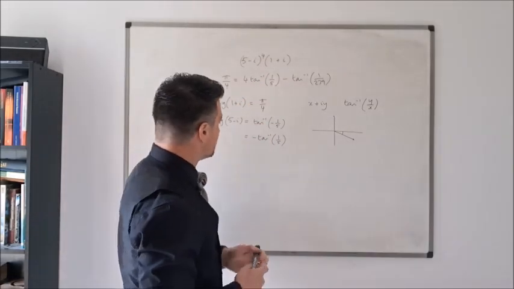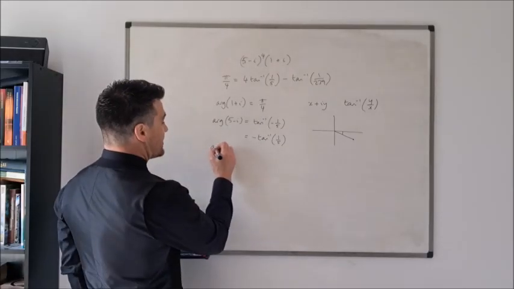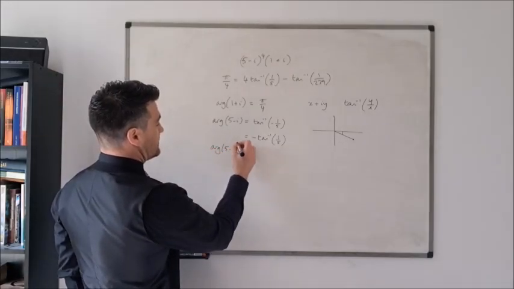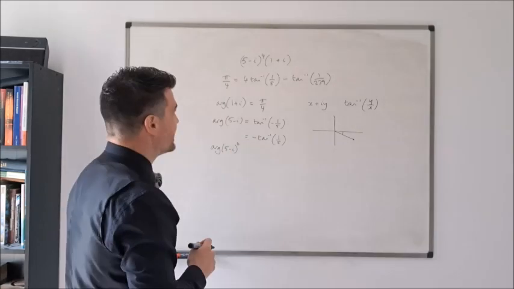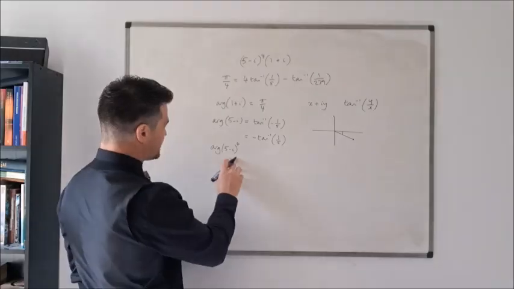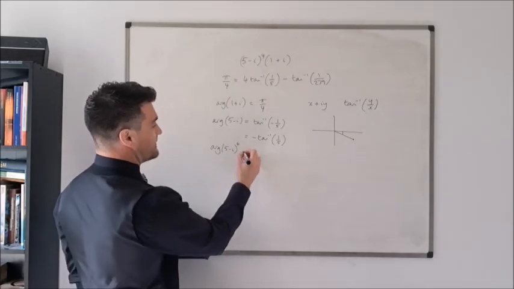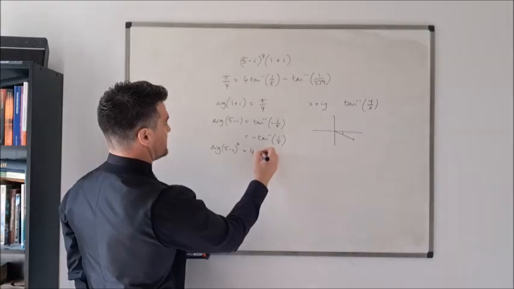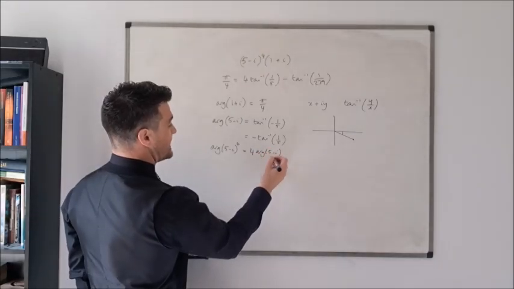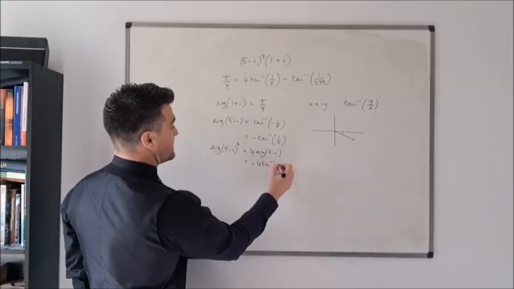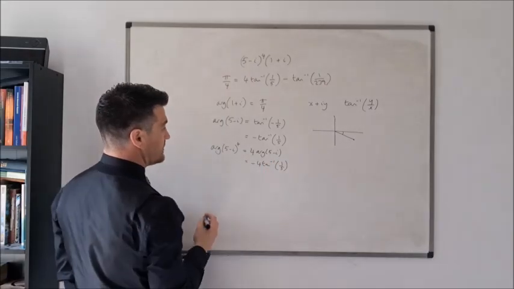So by de Moivre's theorem, or there are other ways you can think about it, the argument of (5 minus i) to the power of 4 is going to be 4 times the argument of 5 minus i, which therefore is going to be minus 4 inverse tan of 1/5.